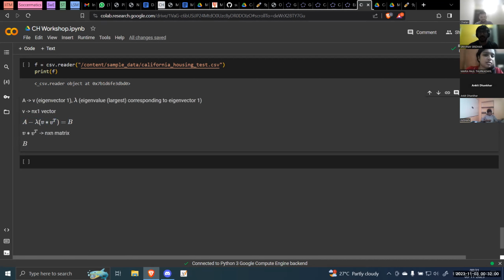What sir is saying is: take the eigenvector and the eigenvalue, subtract this quantity from the matrix, and you get a matrix B, where if you now apply the algorithm on B, you will get the eigenvector corresponding to the second largest eigenvalue. I just wanted to clarify that, and I hope you understood.